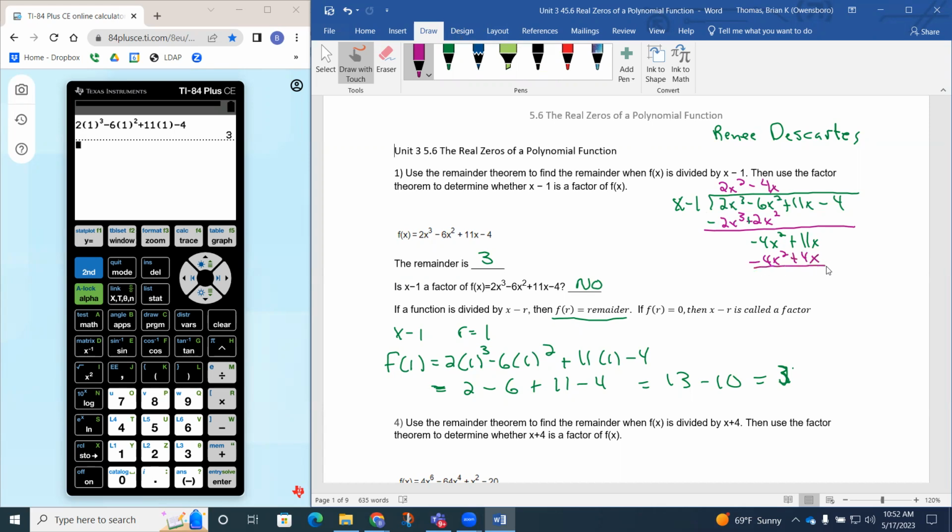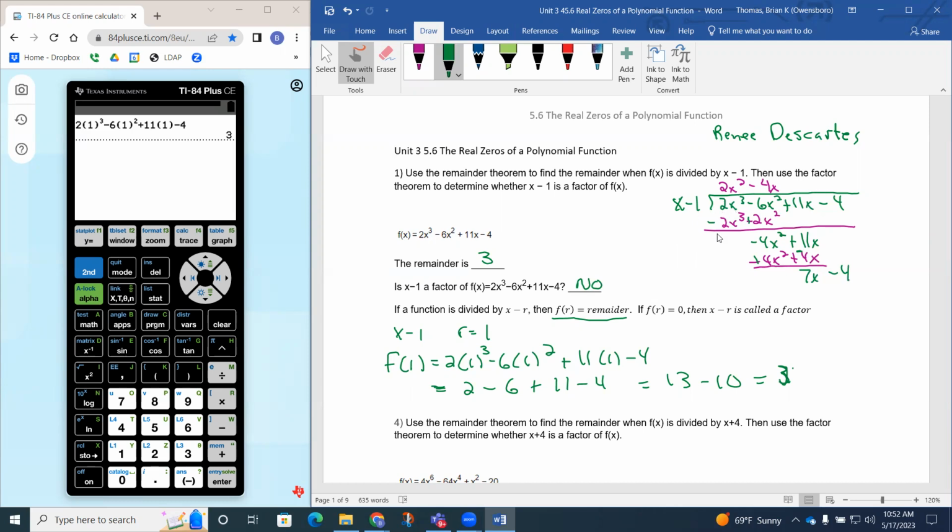Again, instead of subtracting, we change the signs and add. So this zeroes out, and 11x and a -4x gives me a 7x. And then this minus 4 comes down.